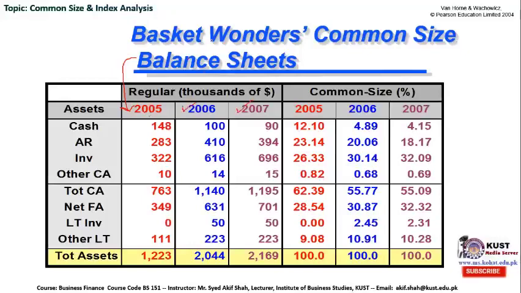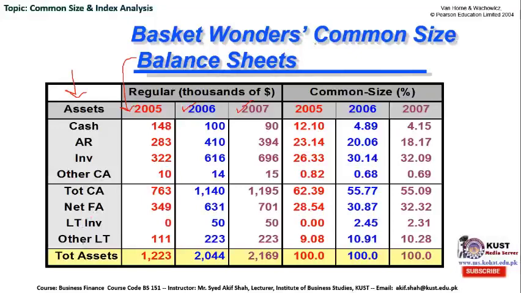The data is available in the first 3 columns, and the leftmost column narrates the heads of accounts available in the balance sheet, which are cash, account receivable, inventory, other current assets, total current assets, net fixed asset, long-term investment and other long-term investments.